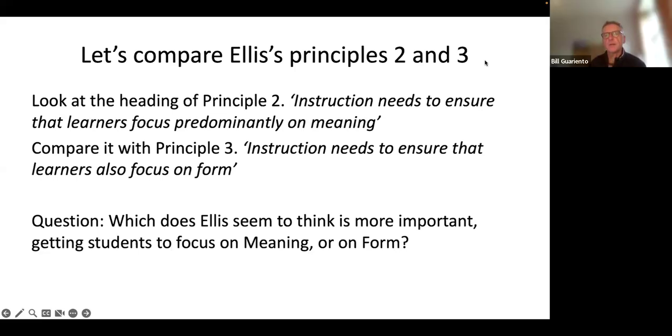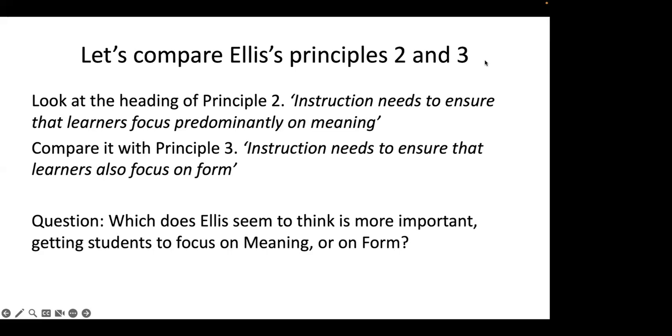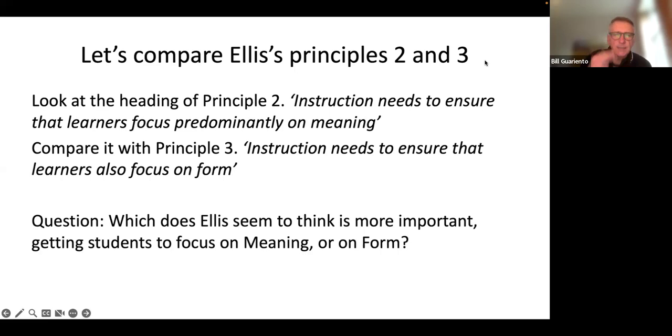Yeah, but one word tells us that he thinks meaning is more important. Which word in principle 2? Predominantly. Well done, Taqwa. Yes, predominantly means 60%, 70%. Your answer was perfect. He thinks they're both important, but maybe meaning is a little bit more important for Ellis.